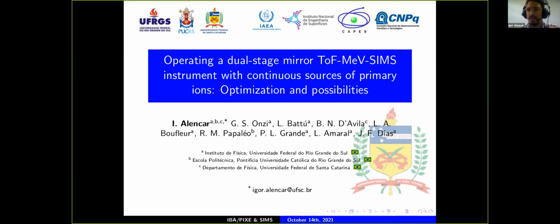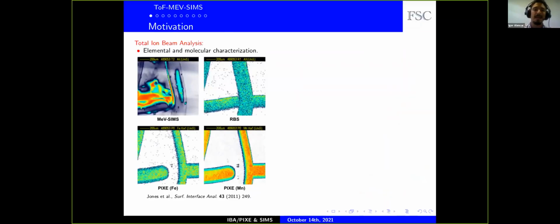So how spectra that is acquired given an elapsed time as the flux of ions is impinging on the sample. This is the work of Lucas Batu with polymers, and this is the work of Beatriz Davila with ionic crystals.